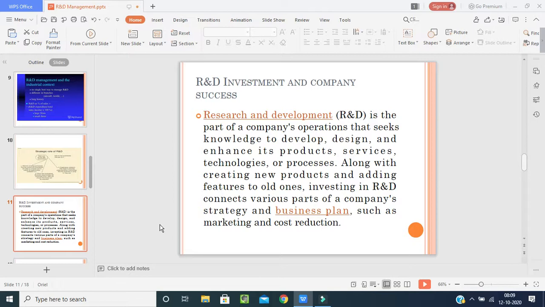Along with creating new products and adding features to old ones, investing in R&D connects various parts of the company's strategy and business plans, such as marketing and cost reduction.